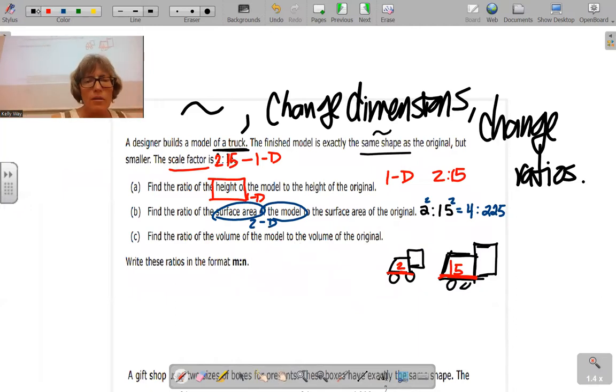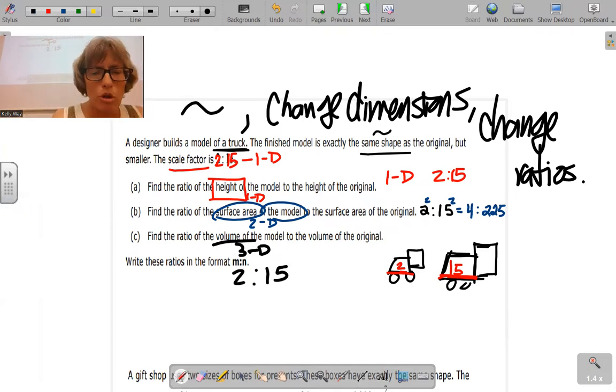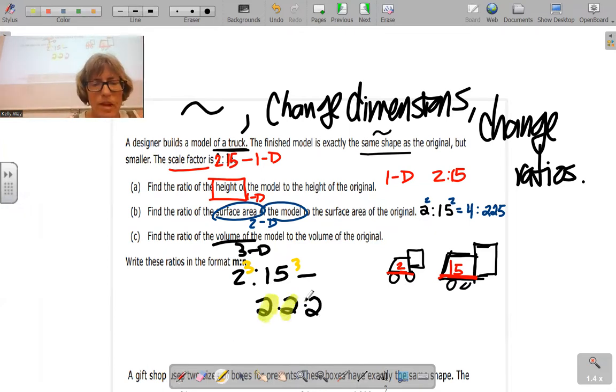Volume is 3D. That'd be about the amount of space that the truck takes up. So you start with our original ratio, 2 to 15, and now you cube it. So your volume ratio, 2 times 2 times 2, that's 4 times 2, is going to be 8.